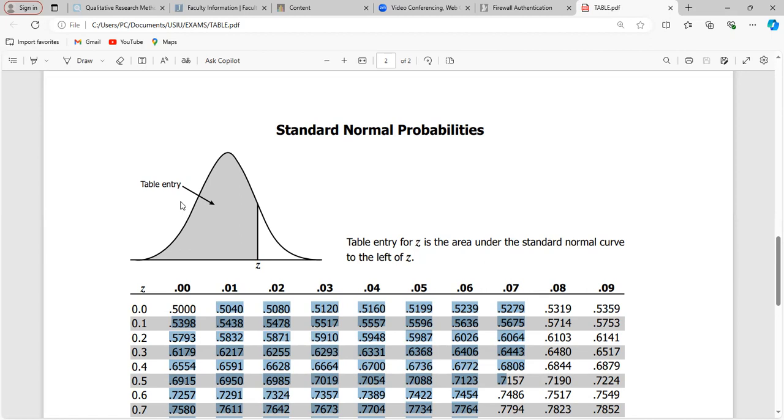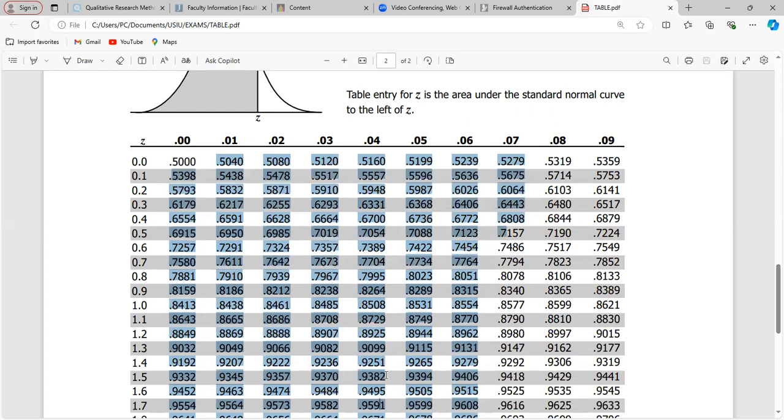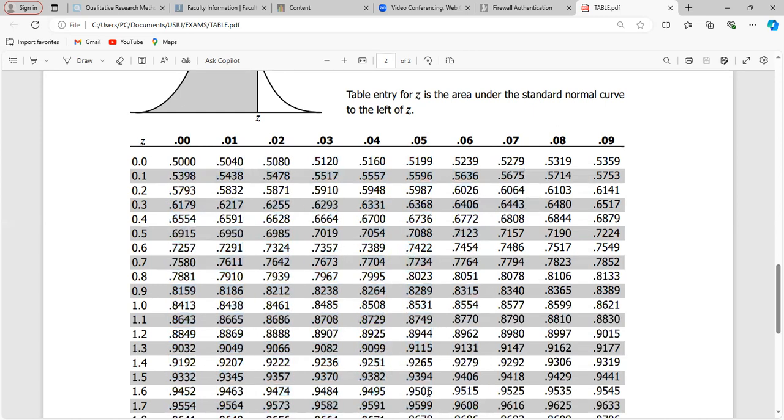0.95. So I go to the body of this table and I look for 0.95. It's a very popular figure, it's known anyway. 0.95 is around here. It's not exact. You can either take this or take this. But the most commonly used one is a Z of 1.65. So write that.